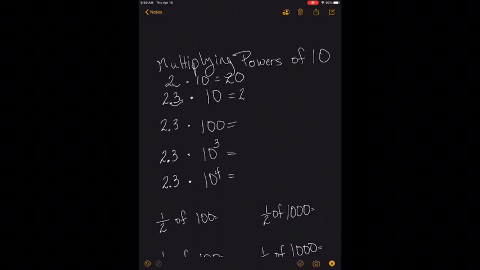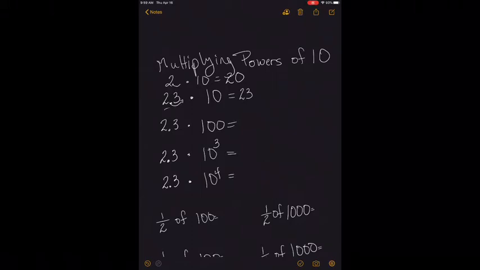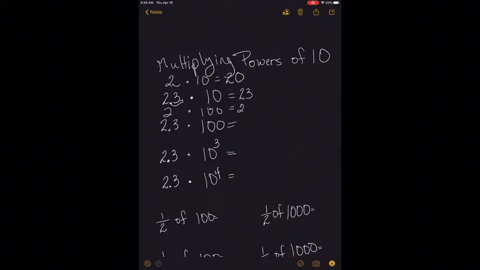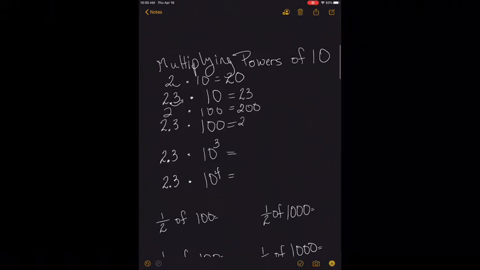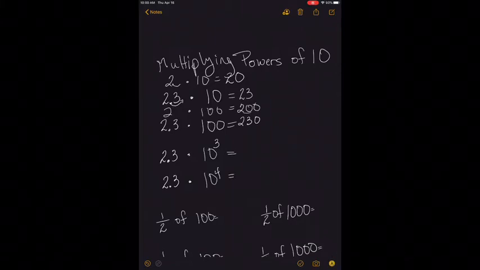So 2.3, we would move the decimal point over 1 when it's multiplied by 10, and it would become 23. Well, what's 2 times 100? Well, that's 200. Well, what's 2.3 times 100? Becomes 230.